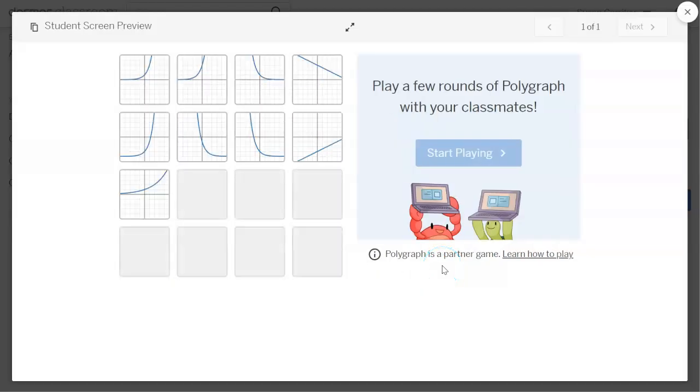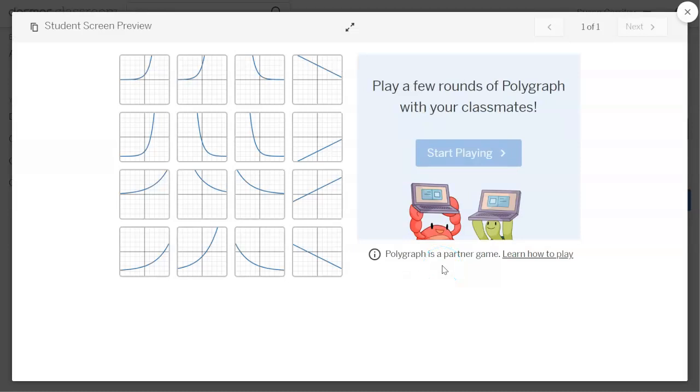And so here's all it is. It's just one screen, and it is a polygraph. I would suggest at least 2 rounds, probably 3 is a good minimum for this one. So the students will see these graphs that you're seeing on my screen now, and then they will have to basically choose a graph, and then the other students ask yes/no questions to try to narrow down the graphs to the one right answer.